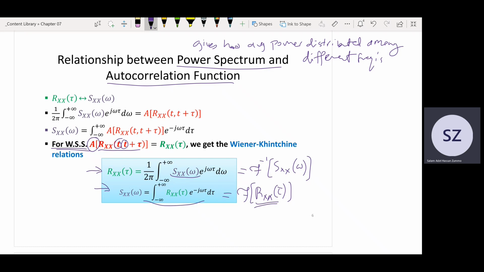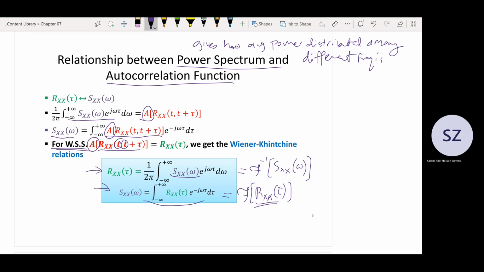If we observe the autocorrelation function for a long time and take the time average, this will remove the time dependency. In this case, the power spectral density will be the Fourier transform of the time average of the autocorrelation function, and the time average of the autocorrelation function will be the inverse Fourier transform of it.